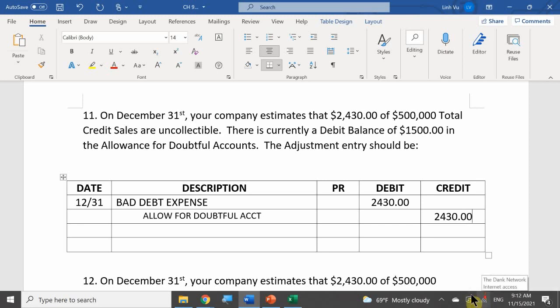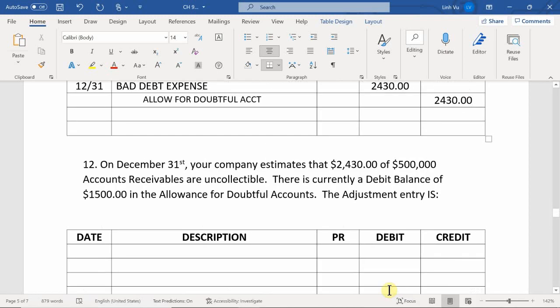All right, so let's go ahead and keep practicing. Down below, on December 31st, your company estimates that $2,430 of a $500,000 accounts receivable is to be uncollectible. There is currently a debit balance of $1,500 in the allowance for doubtful accounts.